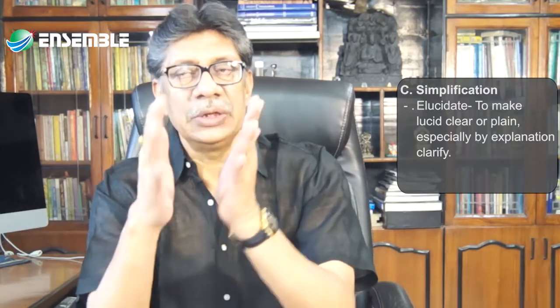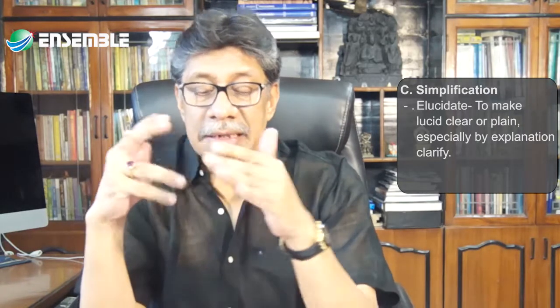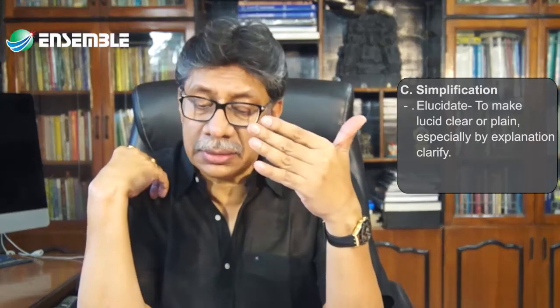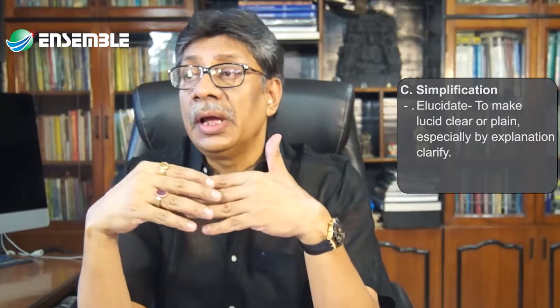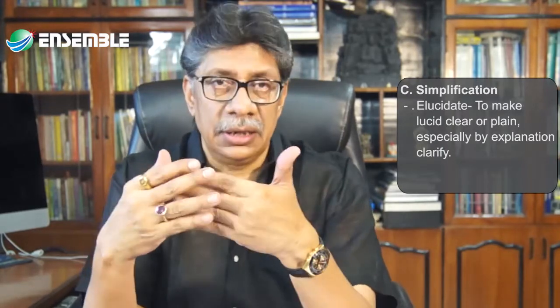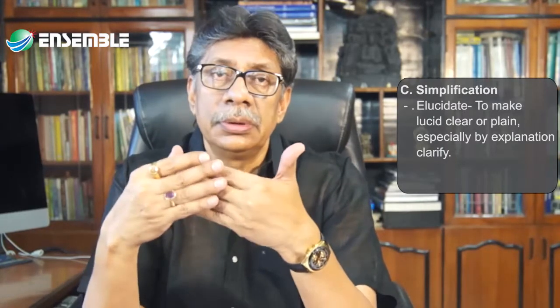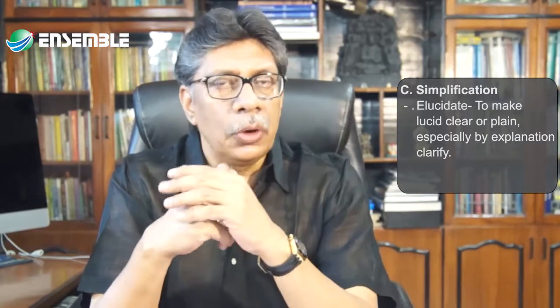Lucid, that means elucidate it, lucidify it, that means make it simple. The meaning is to make lucid, clear or plain, especially by way of explanation. So it is something like an explanation. You're going to explain it in the most simple manner possible. How much you are going to simplify it becomes your part.